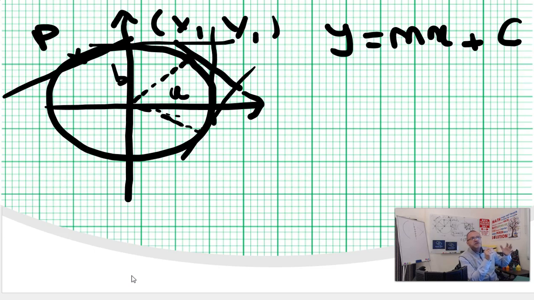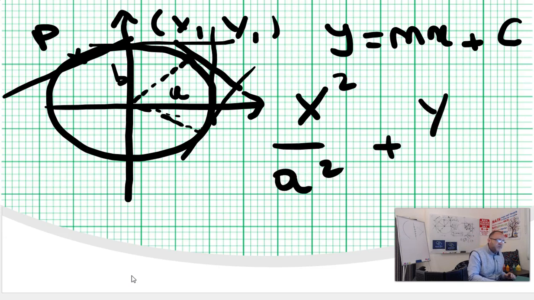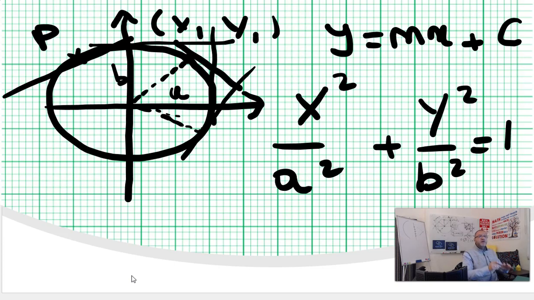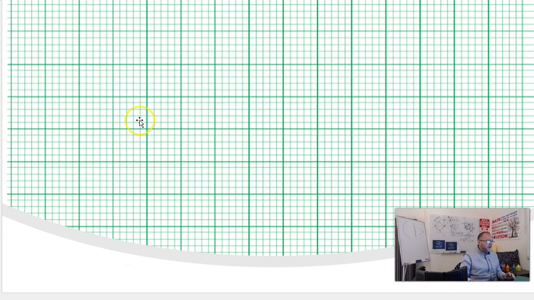For a line to be a tangent to an equation of the form x squared divided by a squared plus y squared divided by b squared equals 1, let alone perpendicular tangents, there is a condition that this line has to fulfill.